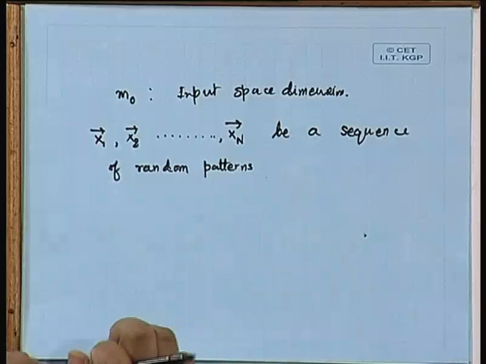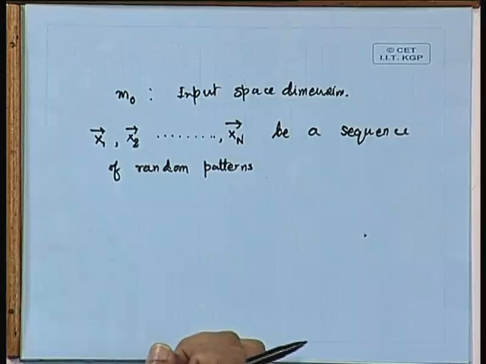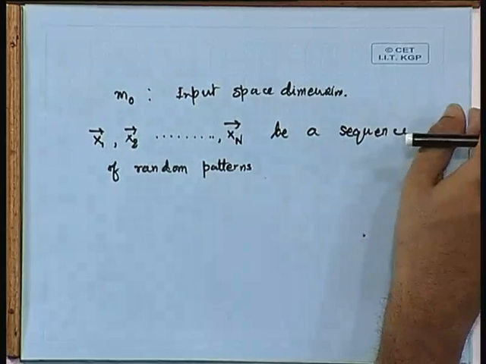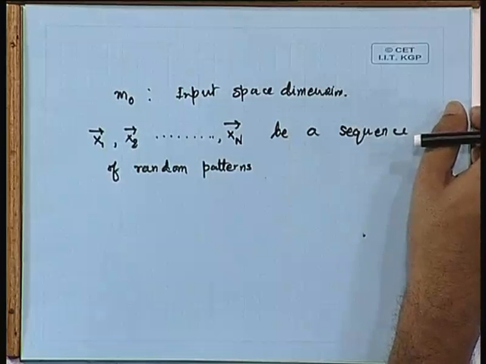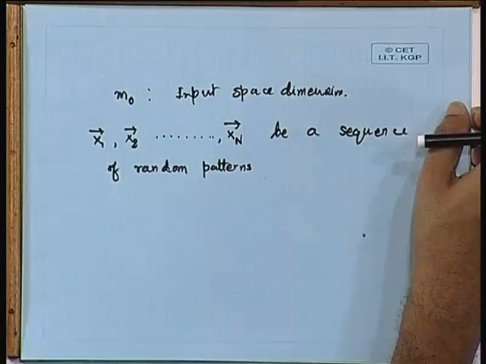We would like to know that if we keep on increasing this n, then what is going to happen with the probability of separability.